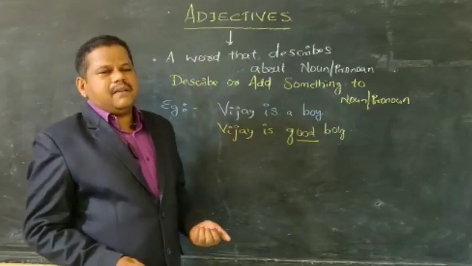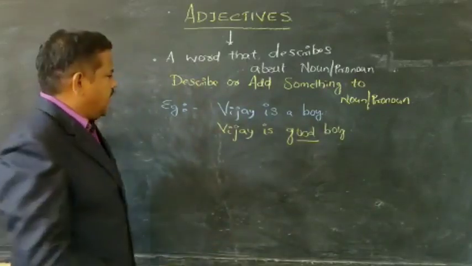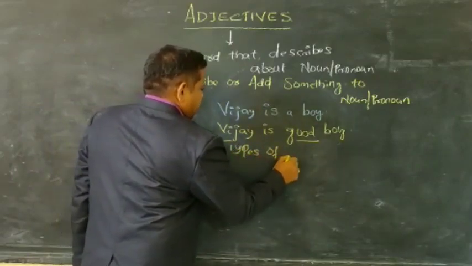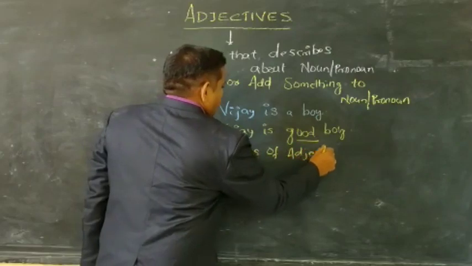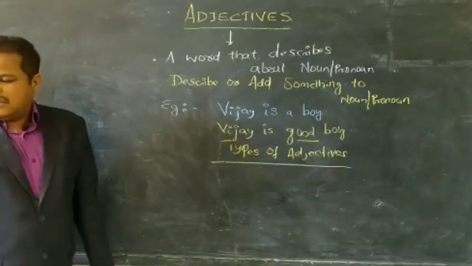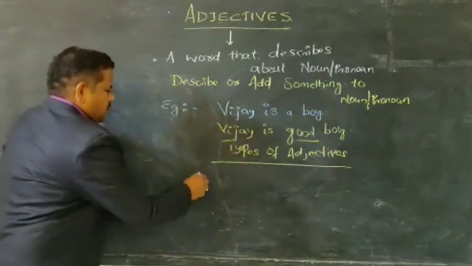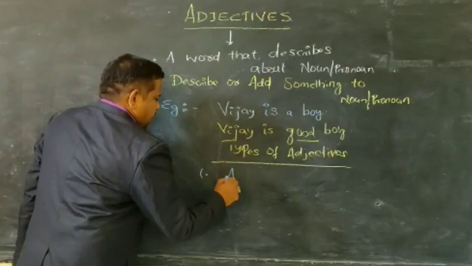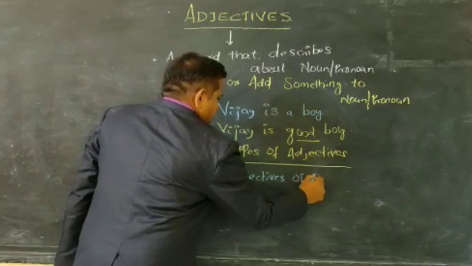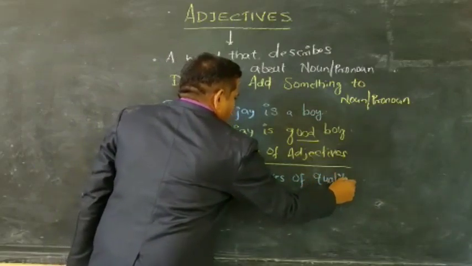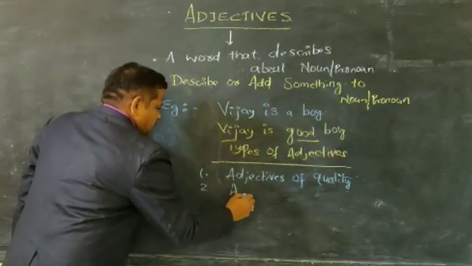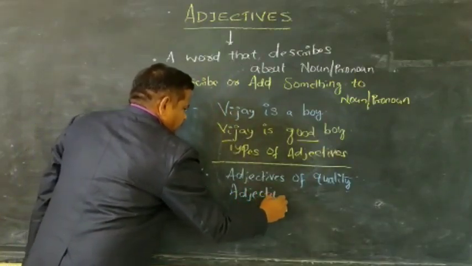There are different types of adjectives in English. They are classified into different types. First, let me explain the types of adjectives. How many types are there? Number one is adjectives of quality. When you are mentioning a quality-based adjective, we'll see how it looks. Second is adjectives of quantity.